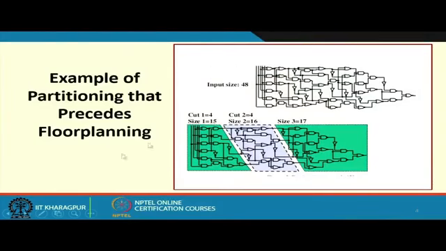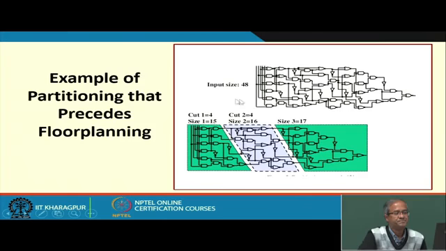So, I would like most of the interconnections to be inside the chip, only few connections will go between the chips, right.